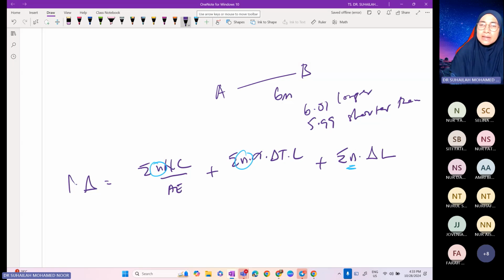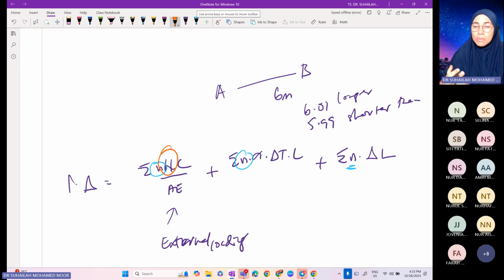This means that deflection in a truss structure actually comes from, number one, external loading. How do we know it is external loading? External loading is the N capital.